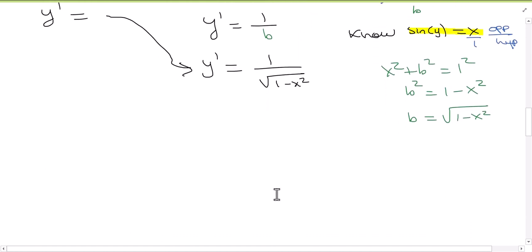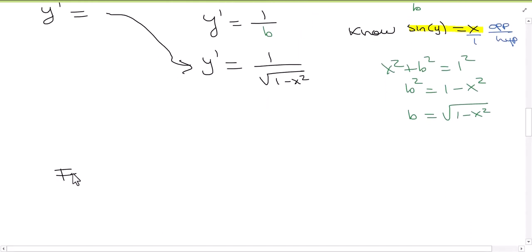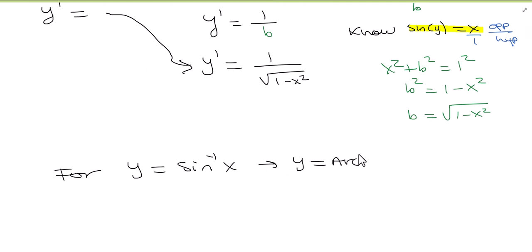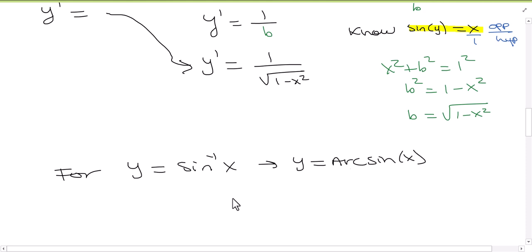So now we know that for y equals inverse sine of x, another way that we can write that is arc sine of x. That's another way to write our inverse trig functions. Then y prime is 1 over the square root of 1 minus x squared.